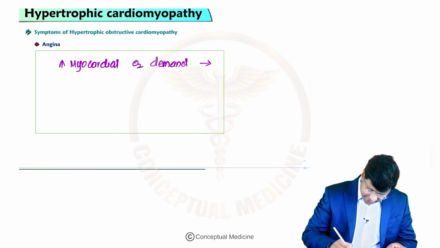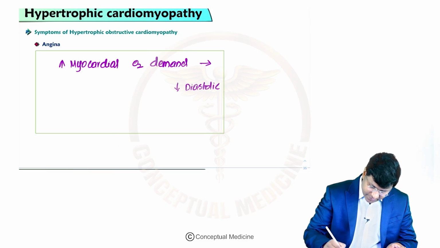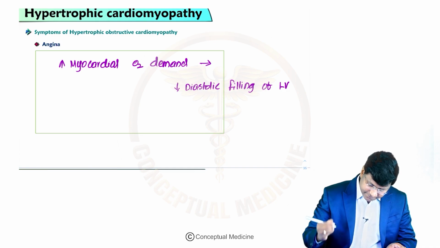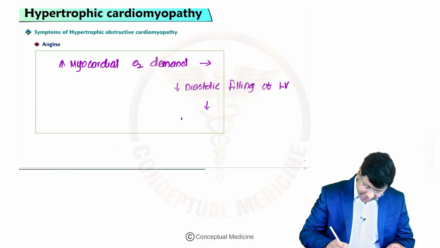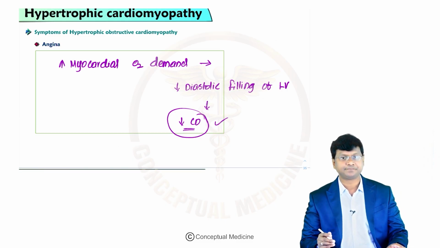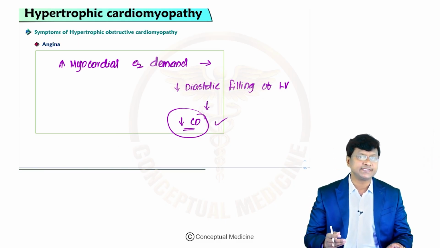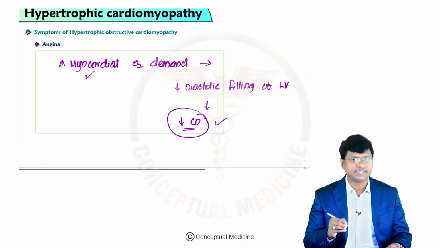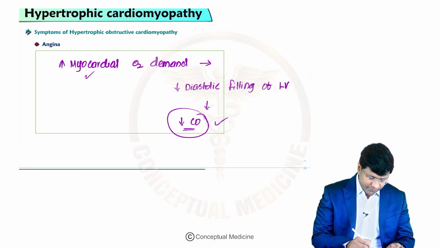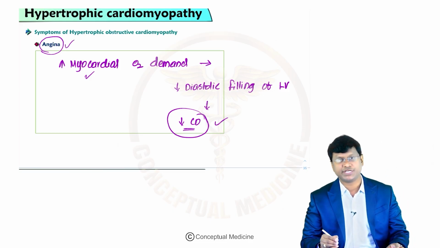So in these individuals, there is decreased diastolic filling of the left ventricle, and subsequently there is a decrease in the cardiac output. So this decrease in cardiac output and, at the same time, increase in myocardial oxygen demand, both of these will make the individual develop angina.